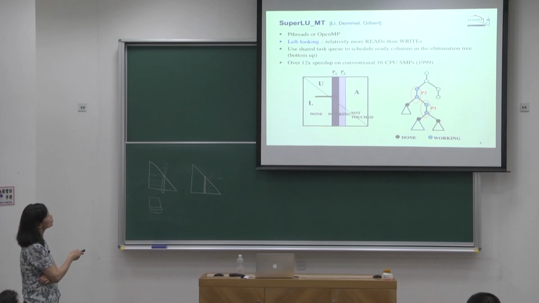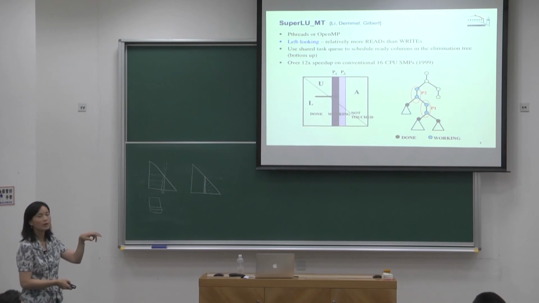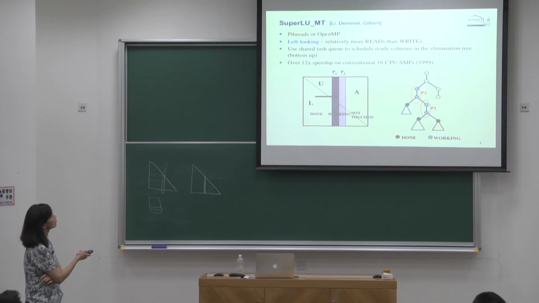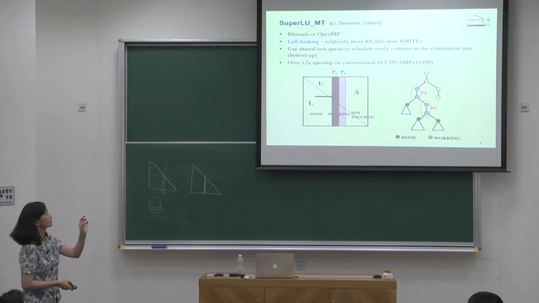Then process 2 will take all the finished pieces here and do the update on this panel. Right now, each stripe is 2 columns at a time, in order to get better cache utilization. But in general, this can be bigger, so usually we take like 20 columns at a time.